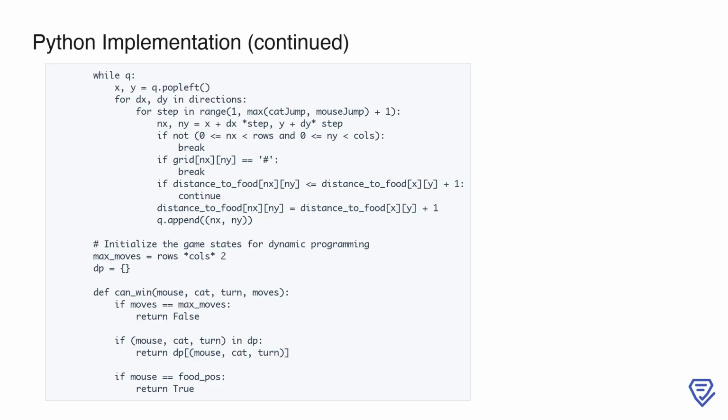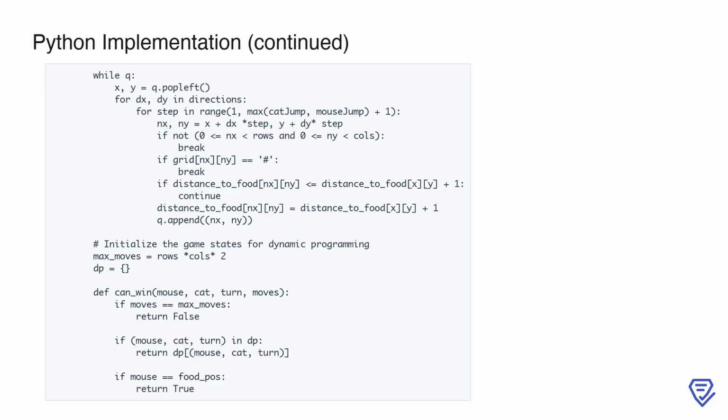For each direction, we calculate the new positions by taking steps up to the maximum of the cat's or mouse's jump distance. If a new position is out of bounds or blocked by a wall, we stop further exploration in that direction. For valid cells closer to the food, we update their distance and add them to the queue. After completing this BFS, we have a matrix indicating the shortest distance from each cell to the food.